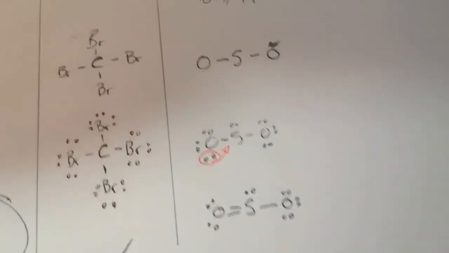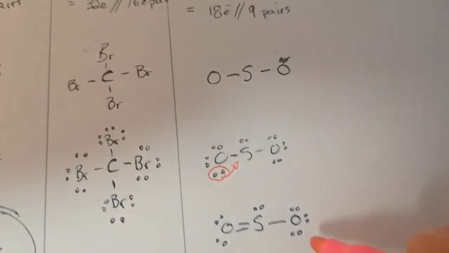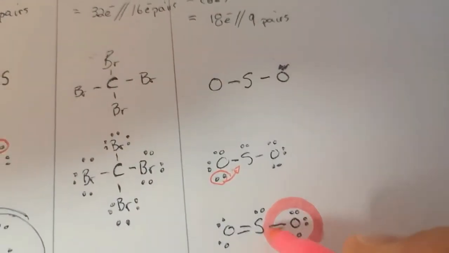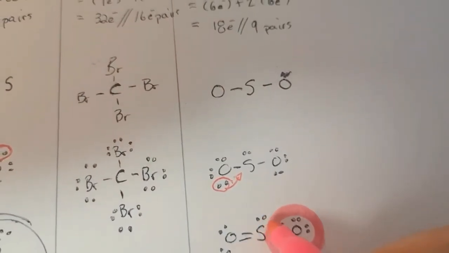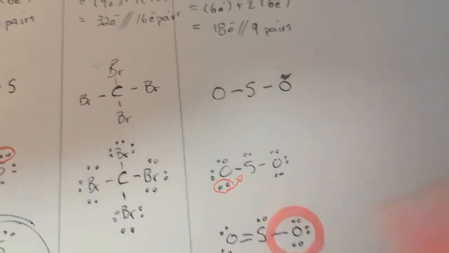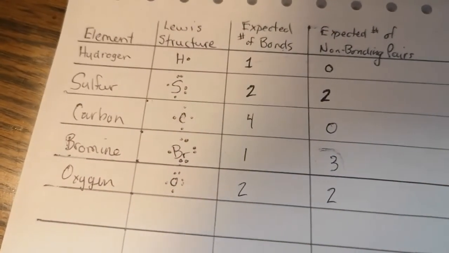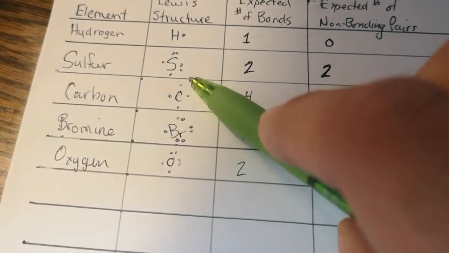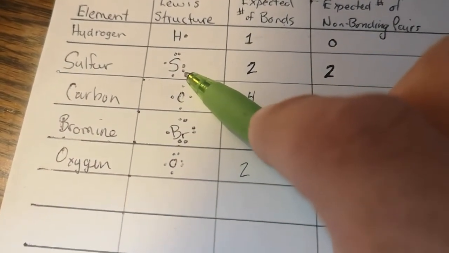But you'll notice that there's something strange going on here. This oxygen has 3 non-bonding pairs and a shared pair. This sulfur has 1 non-bonding pair and 3 shared pairs. This does not meet with our expectation. We expect oxygen to form 2 bonds, and we expect sulfur to form 2 bonds and have 2 non-bonding pairs.